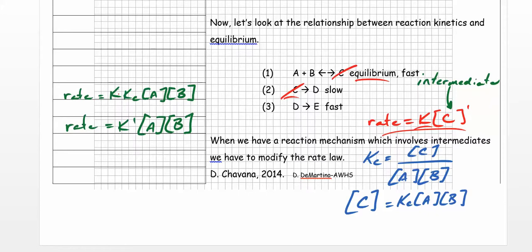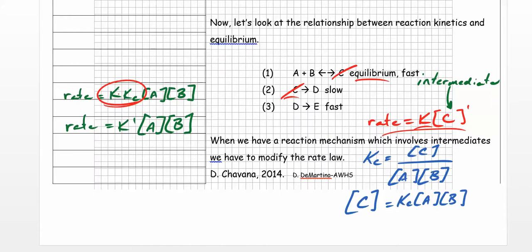Now, we're almost done, right? The only thing that we need to recognize is that these two numbers, even though one is a constant for equilibrium and the other is a constant for rate, they're both constants. They don't change. And therefore, we can consolidate them into a single constant. I'll call that K prime.